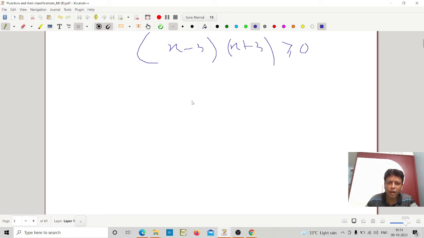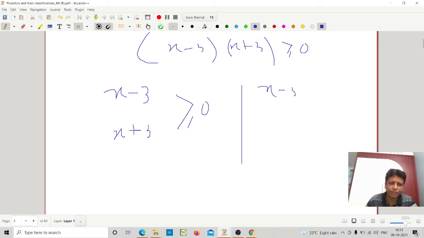This is a product of two numbers that must be non-negative, so two cases may be there. One, both of them positive. Two, both of them negative. If you multiply two positive numbers, the product is positive. If you multiply two negative numbers, the product is also positive.